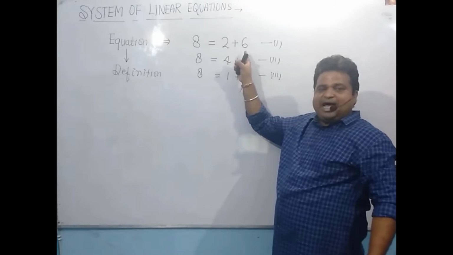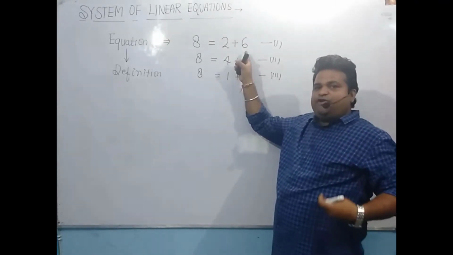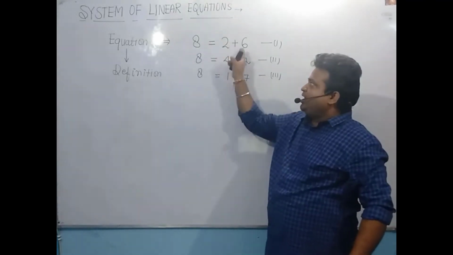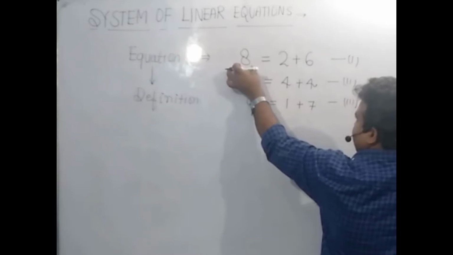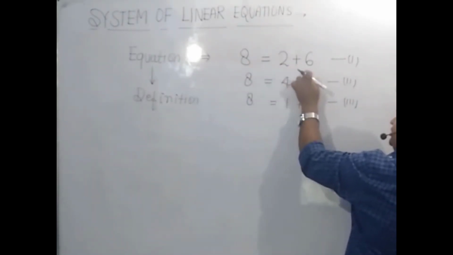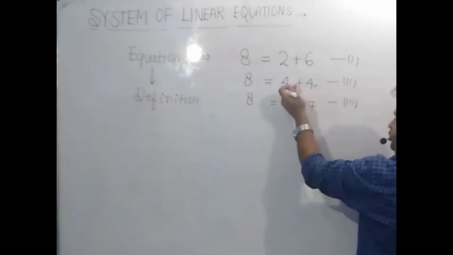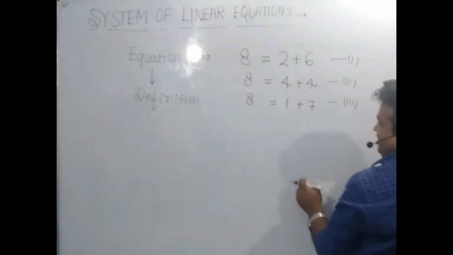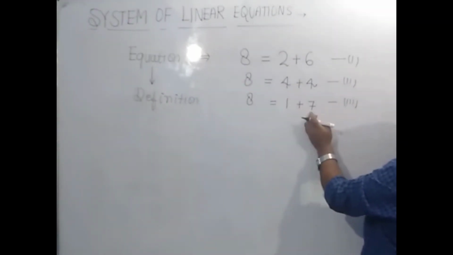So here I am defining the equation, which states that the value of two mathematical expressions are equal in nature. In the first equation, 8 equals 2 plus 6, so left hand side is 8, right hand side is 2 plus 6, which is equal to 8. In the second equation, 4 plus 4 is equal to 8. Similarly, in the third equation, 1 plus 7 gives you 8.